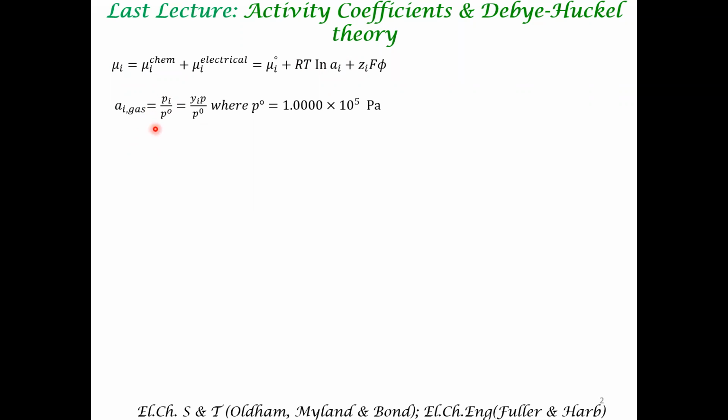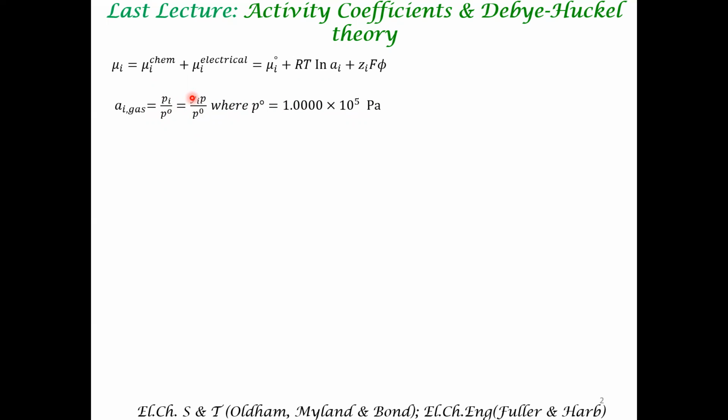So the activity of an ideal gas is defined as the partial pressure of that species whose activity is being considered, divided by a standard state. The partial pressure can be computed in the following manner: mole fraction times the total pressure, divided by a standard state, which we take to be this number. In this case, we are considering the gas mixture to be ideal.